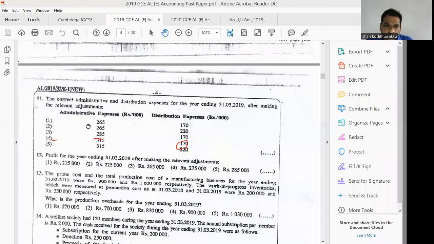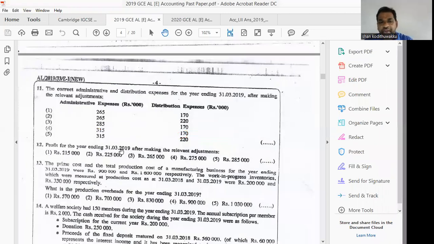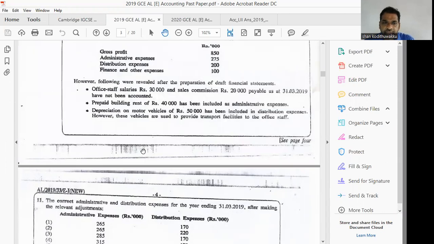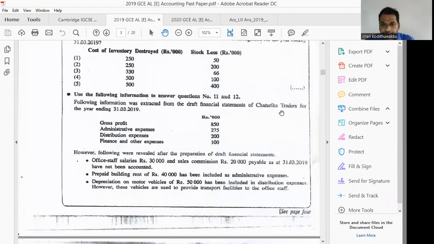Then question number 12. Profit for the year ending 31st March 2019 after making the relevant adjustments. Here we are given gross profit, 850. Then we deduct these three expenses.